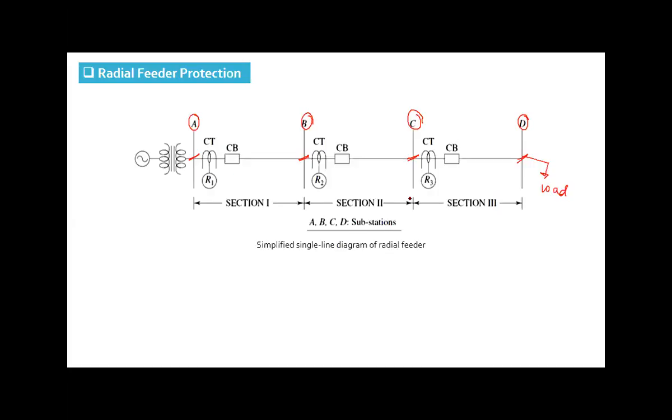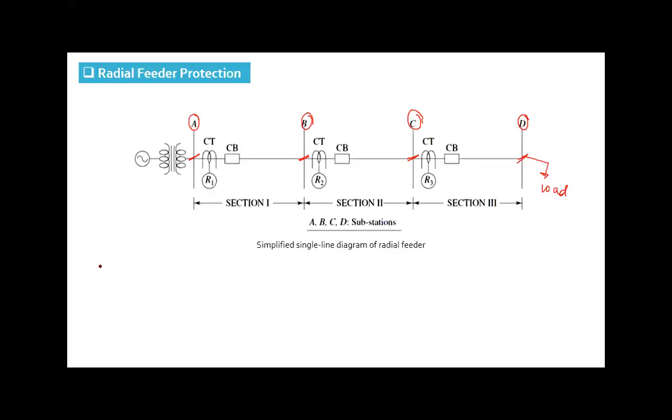R1, R2, R3 are the relays that are put at substations A, B, and C. And they are protecting line sections AB, BC, and CD respectively. Okay. Fine. Any doubt?